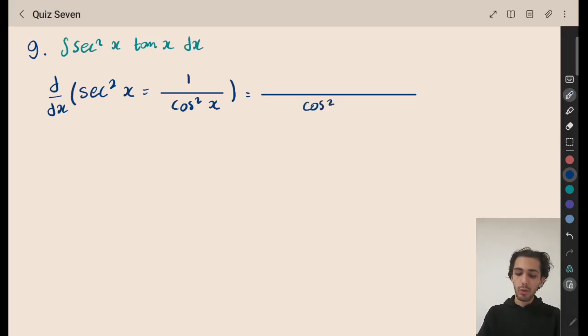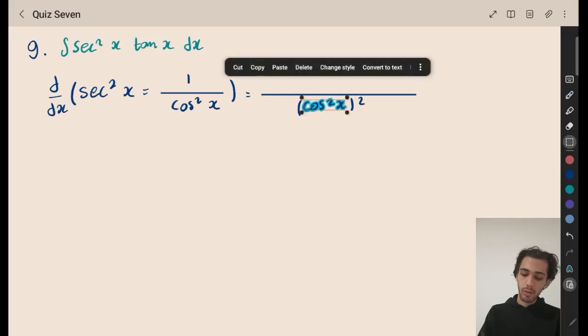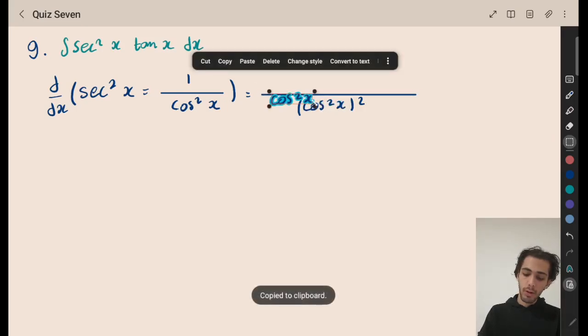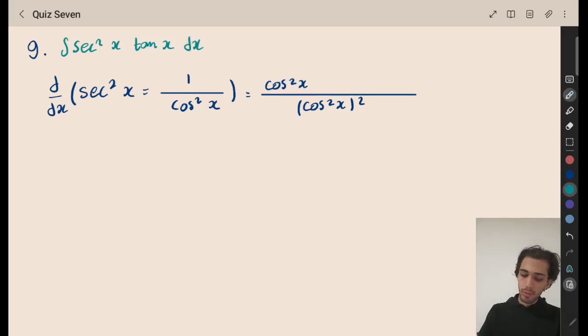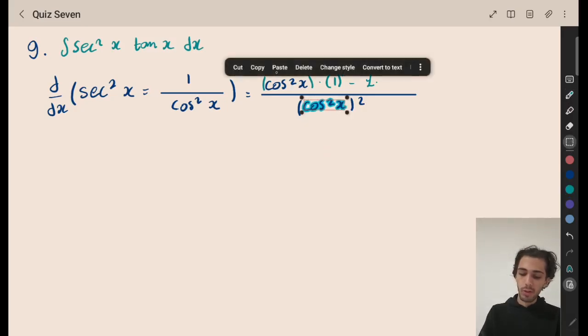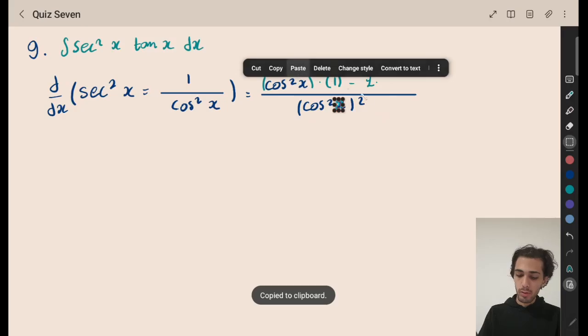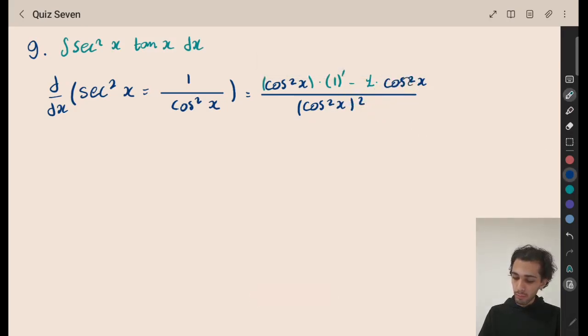So I get cosine squared of x all squared times cosine squared of x multiplied by the derivative of 1 plus, minus 1 times the derivative of cosine squared of x. So clearly the derivative of 1 is equal to 0. So this is all equal to 0. Then I have something that looks like this.